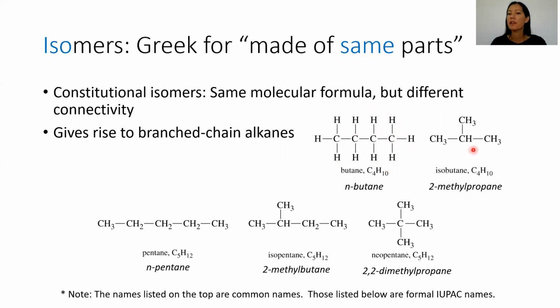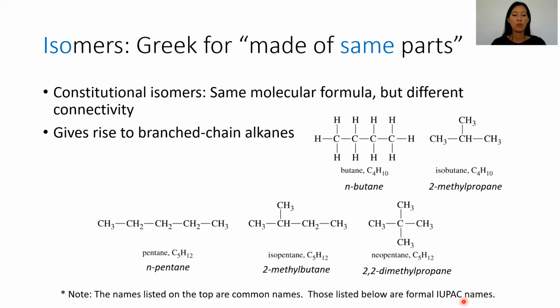I get this, 2-methylpropane, prop for 3 carbons in a row, and a methyl group in the 2 position. It also has a common name. I put the common names above. Its common name is isobutane. You can use the common name, but I absolutely need you to know the formal IUPAC names below.